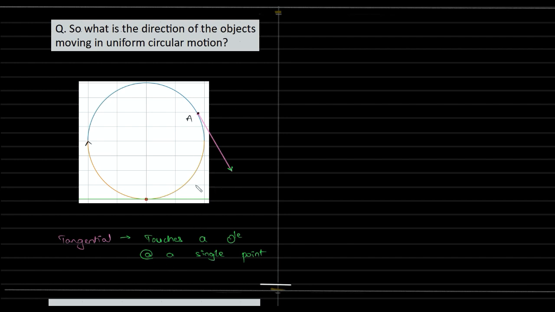And the direction would be along the direction of whatever the movement is. So basically every moment of time, there are infinite possible tangents, right? So let me actually do this. So the tangent at point B is this.